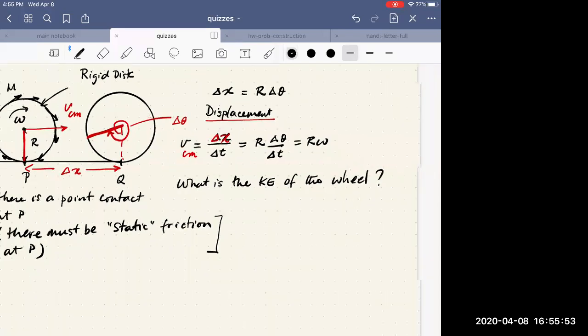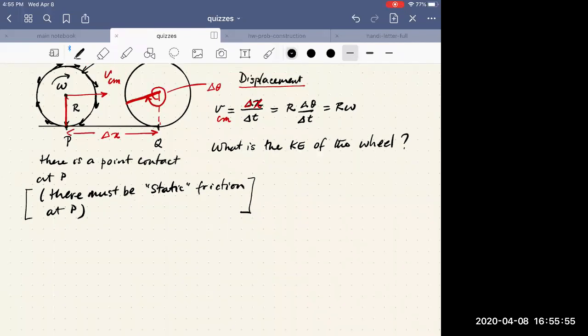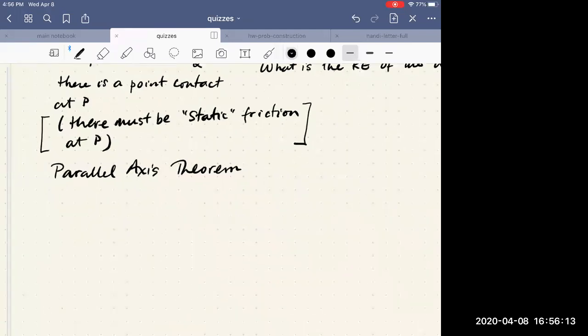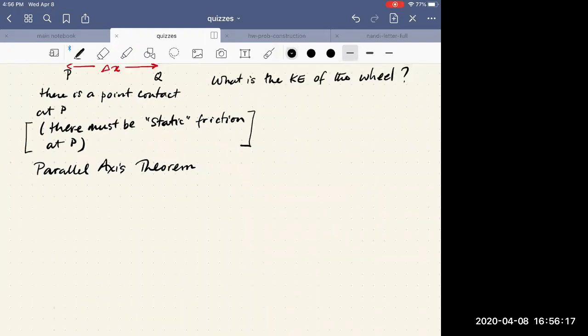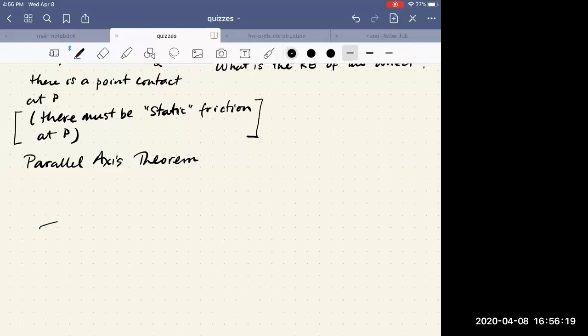Before we do that, let me sidestep and go back to a discussion I had with you earlier. In the lecture I gave on April 1st, I told you about something called the parallel axis theorem. I didn't spend a lot of time on it, but now I'll go back and use it for my own advantage. Let's say I have a disk like this.